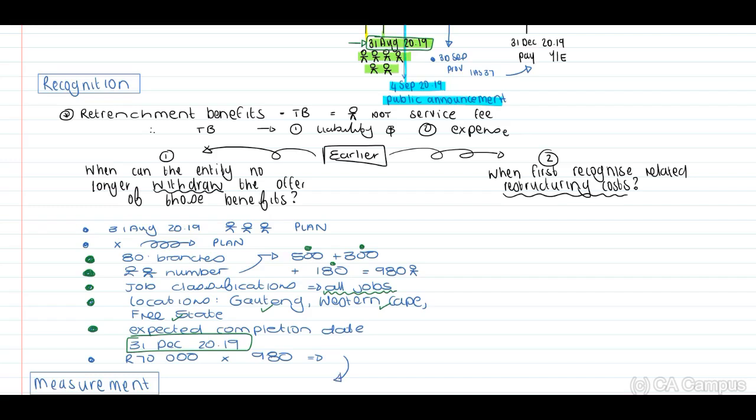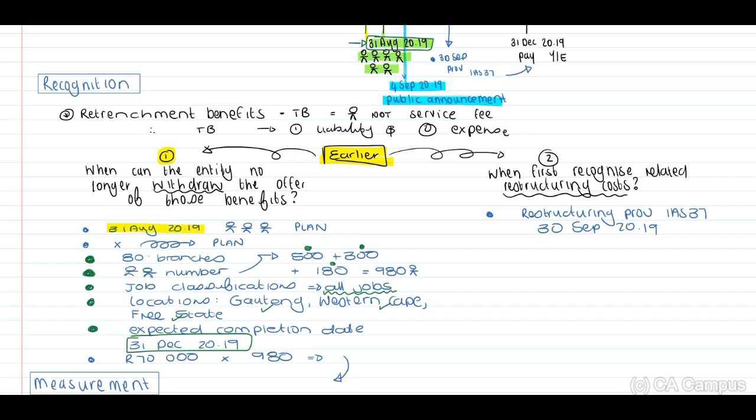Okay. Then, on the right side, when first recognize the related restructuring costs, remember at the earlier of, we have identified in terms of number one, this is 31 August. Okay. In terms of number two, they've indicated to us that in terms of IAS 37, they have recognized the restructuring provision relating to IAS 37 on 30 September 2019.